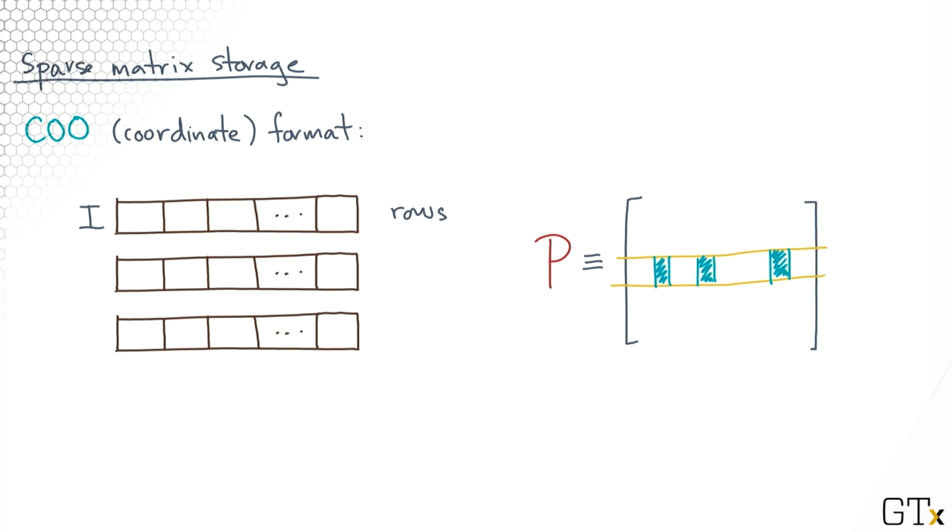Let's call that capital I. Another stores the corresponding column indices. Let's call that capital J. And finally, the last list or array stores the values. So let's call that capital V. By this definition, each array has one entry for each non-zero. Let's number the positions by 0 through nnz, the number of non-zeros, minus 1.